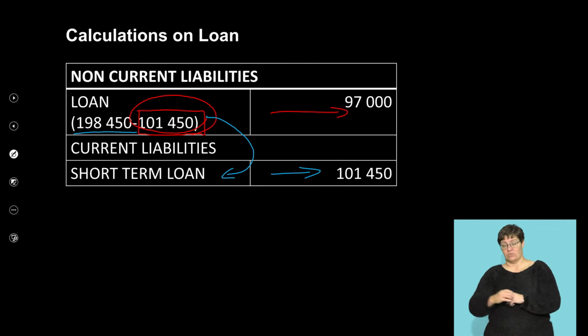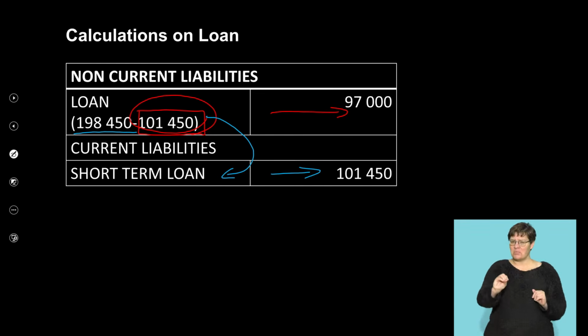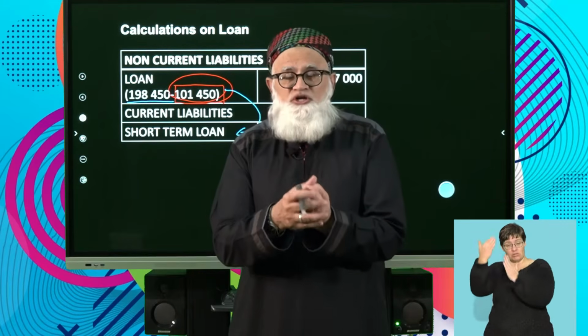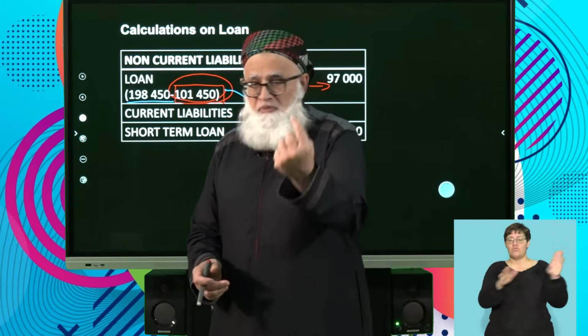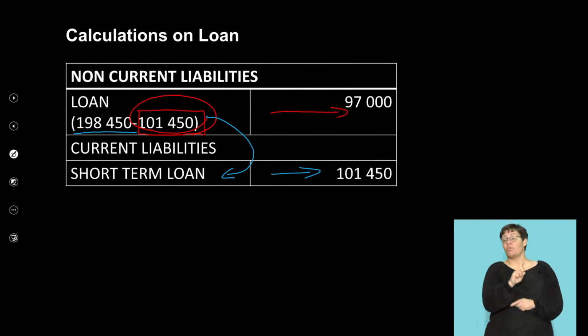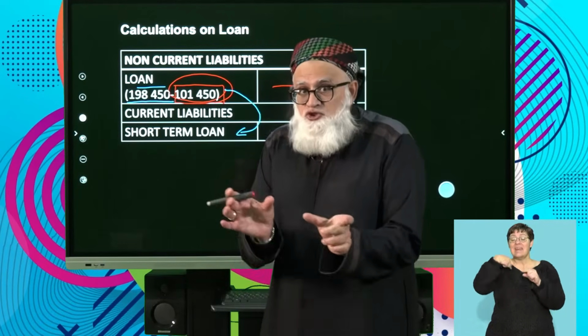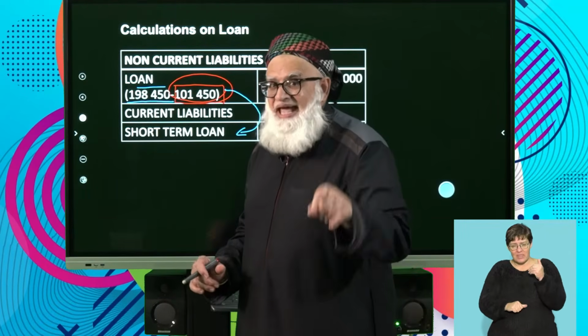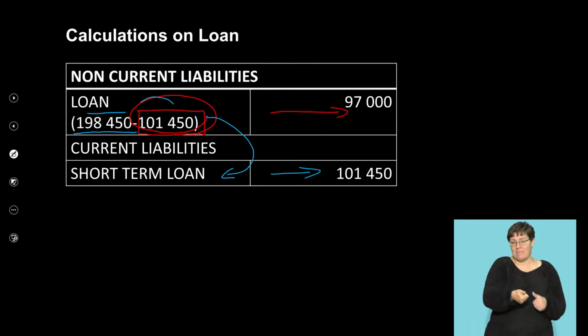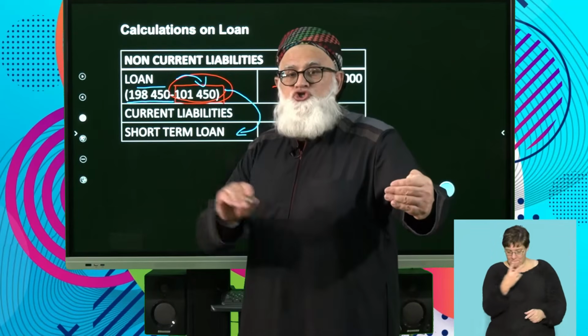What are you doing here? You're explaining to the reader of the balance sheet that yes, we've got a non-current liability. The amount is 198,450, but next year, within 12 months, you'll have to make a repayment of 101,450. And that then moves from being your non-current liability to your short-term loan.